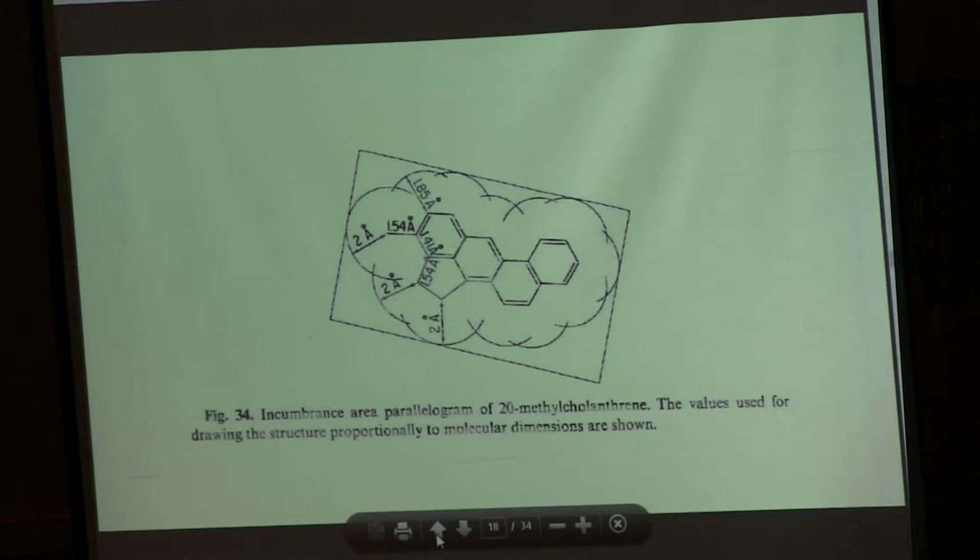This shows the incumbent area of methylcholanthrene, measured using the bond distances, the length and size, with a rectangle, and looking at this area to measure the size.